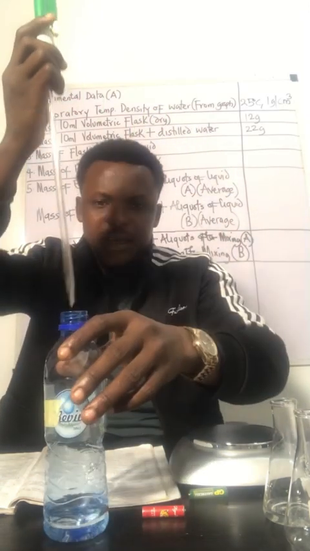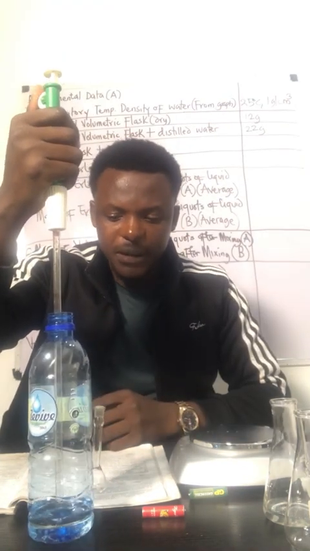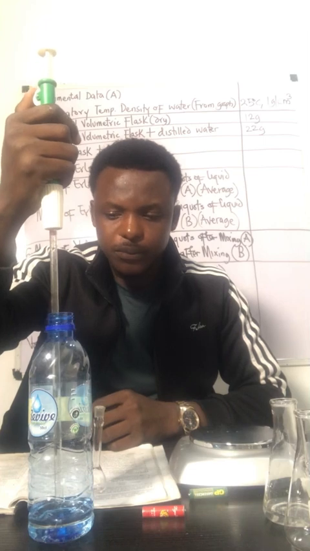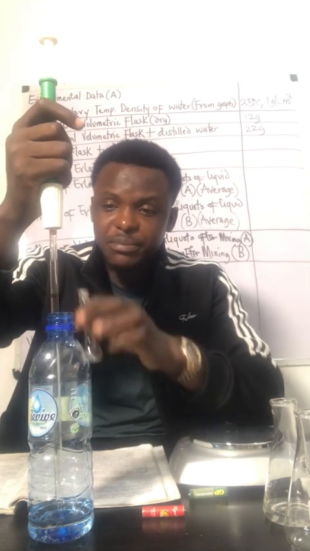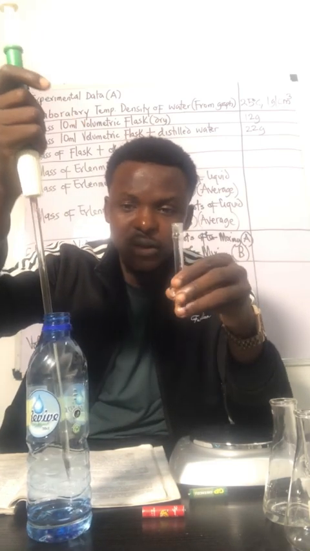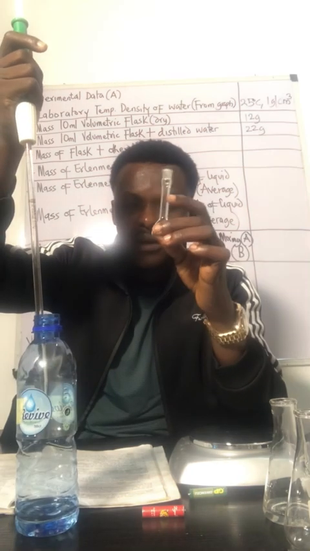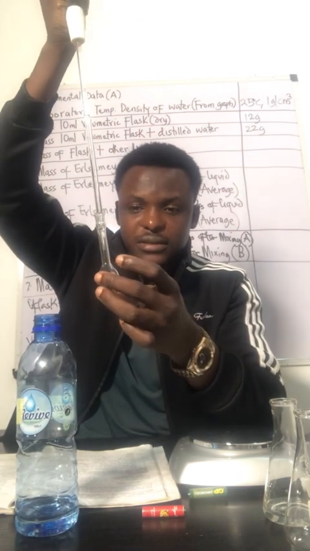Now I want to take solution here so I can transfer it into the pipette. I can take as much as I can because this pipette is 5 ml, and this is 10 ml. So even if I fill this up, it might not really disturb. And I transfer it into this.